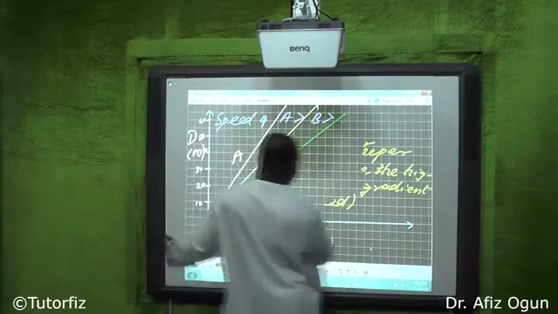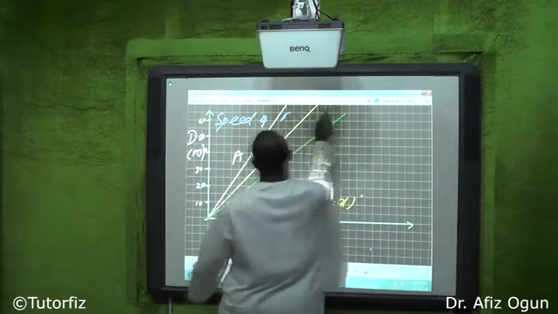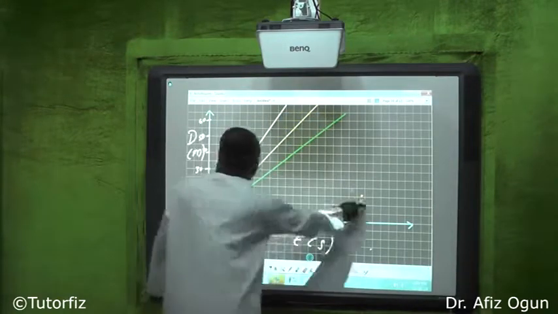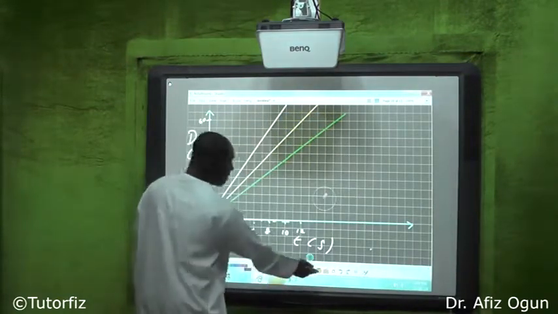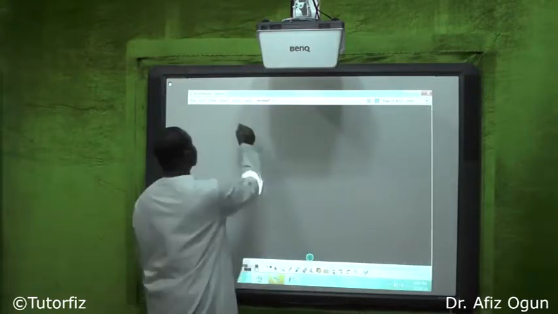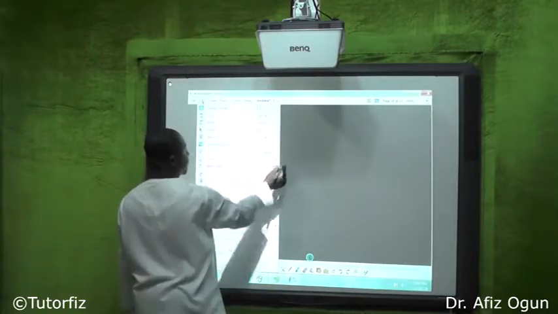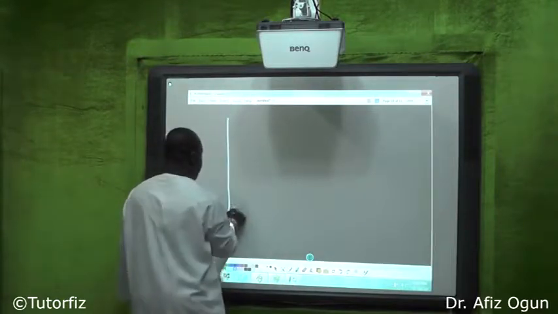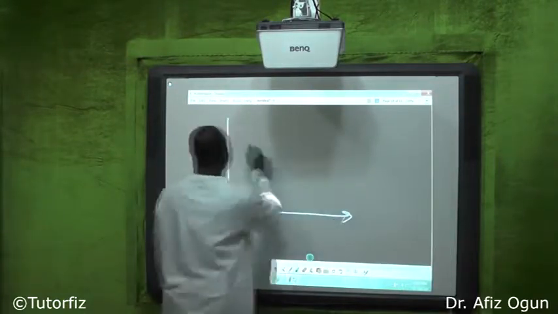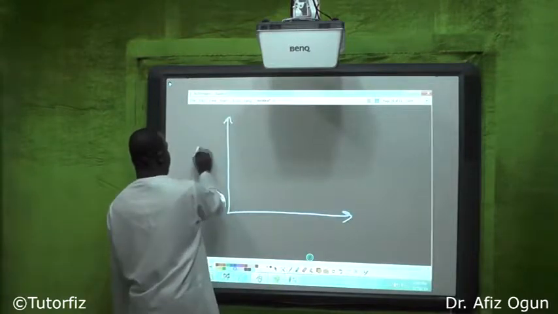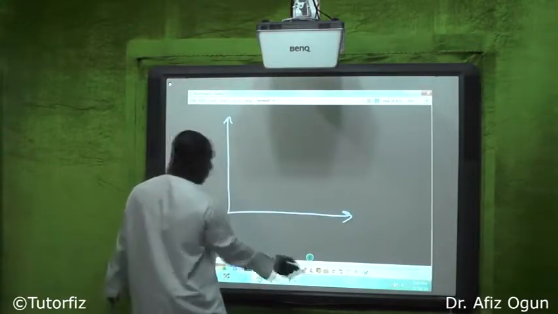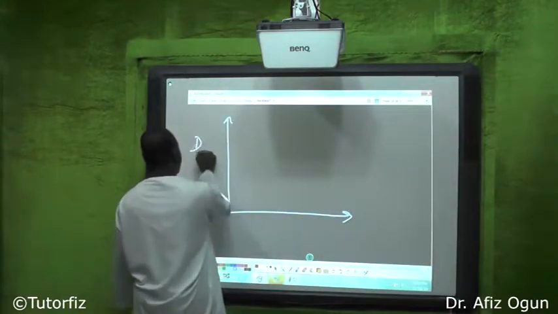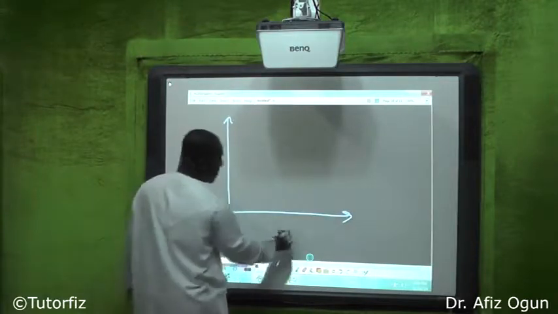What if a body starts, and that body starting has distance here in meters and time here.